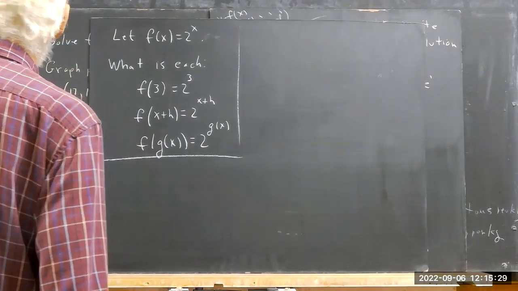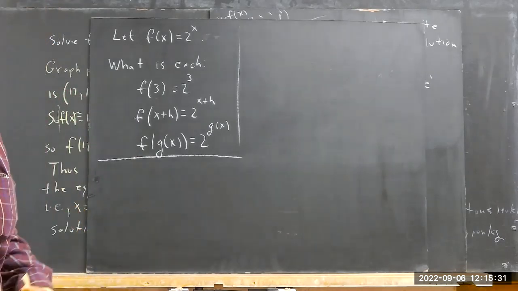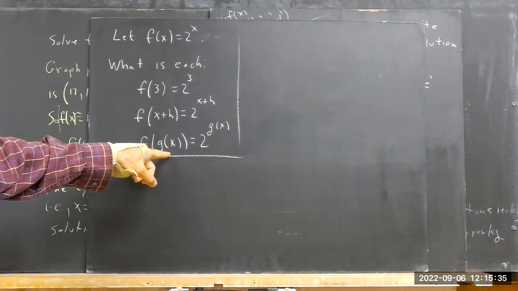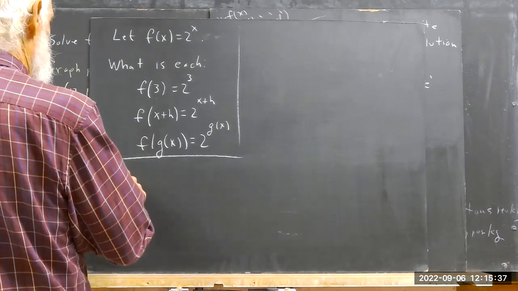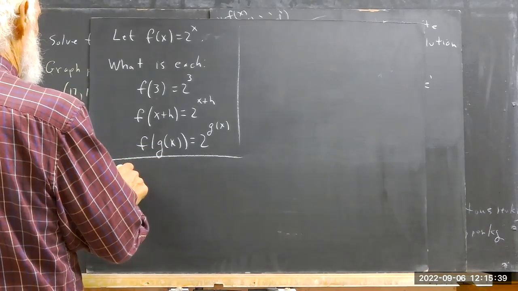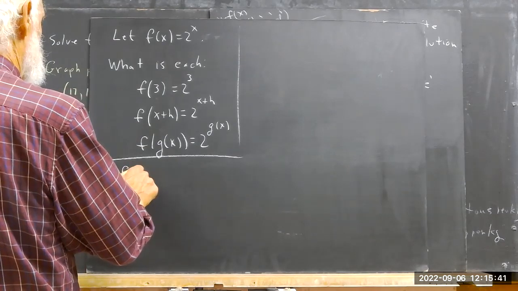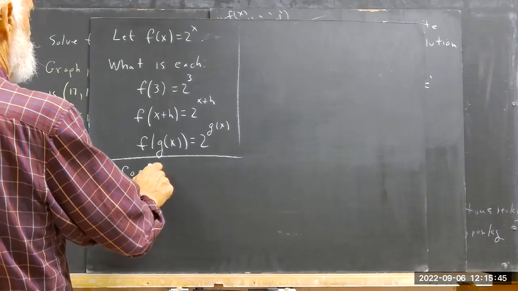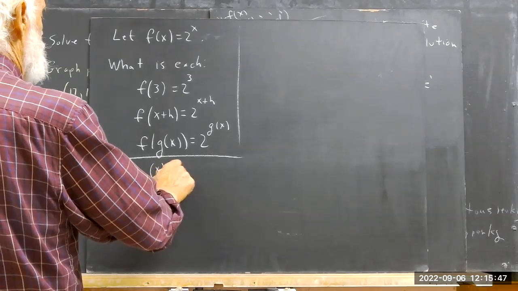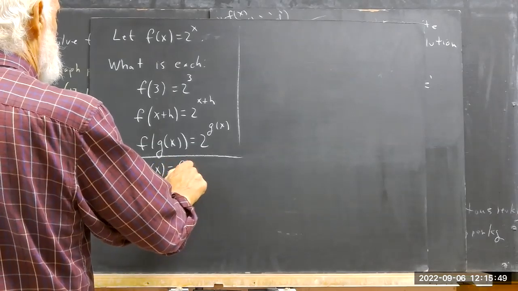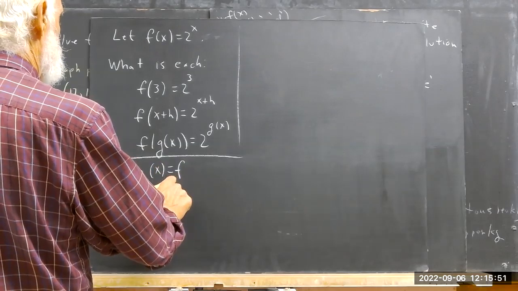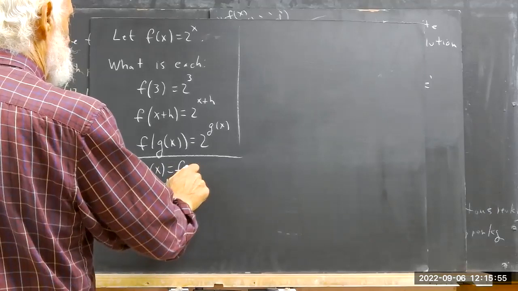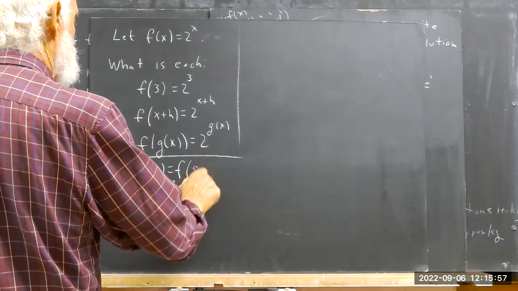Okay, well, let's now do a composite function. This is actually the composite of f and g of x. So f circle g of x is defined to be, that says DEF down there, this is the definition, f of g of x.